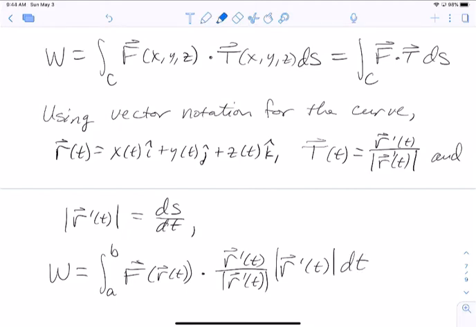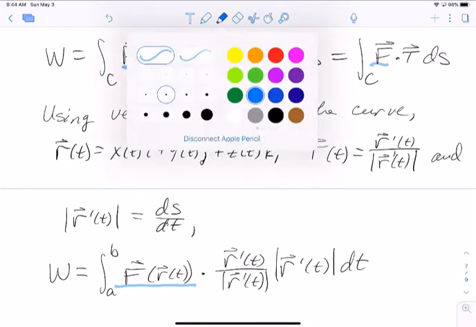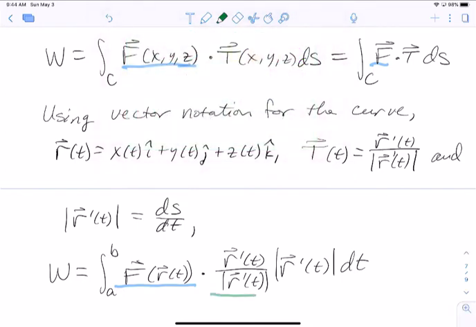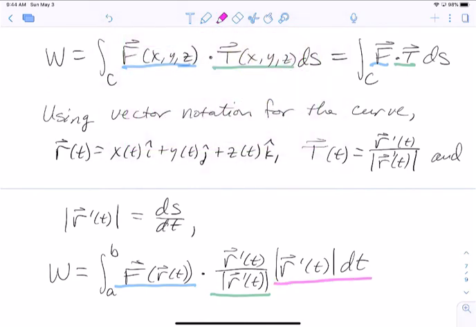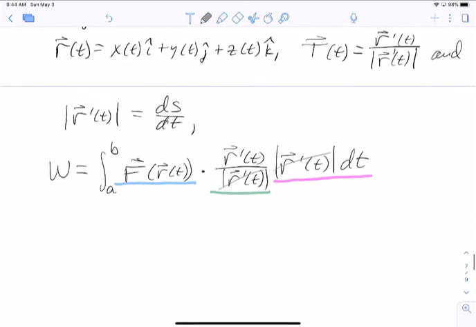To see the connections from above, F was given as F. R prime of t divided by its magnitude is the unit tangent vector. And then the magnitude of r prime of t dt is ds. Since the magnitude is a scalar that then divides out, we end up with W equal to the integral from a to b of F of r of t.